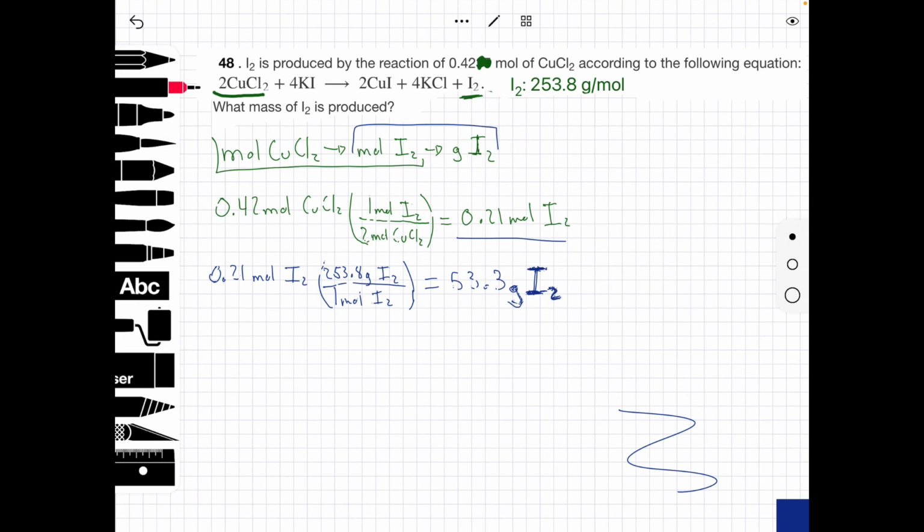There it is. 53.3 grams of iodine. This is going to be our final answer. Remember, the question was going from 0.42 moles of copper 2 chloride, and the question was, what is the mass of iodine that is produced? This 53.3 grams of iodine is the mass of iodine.